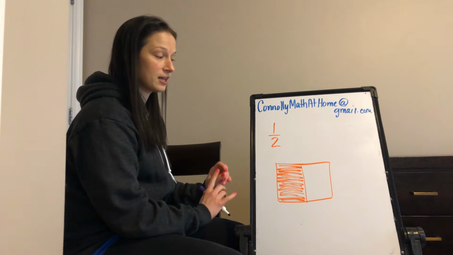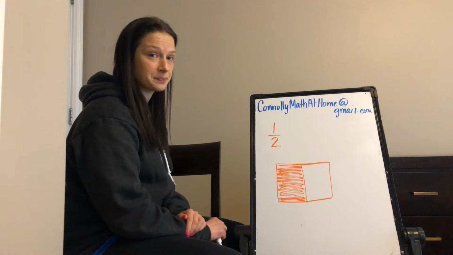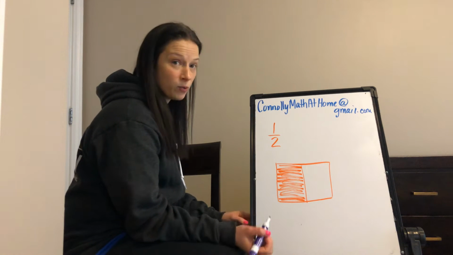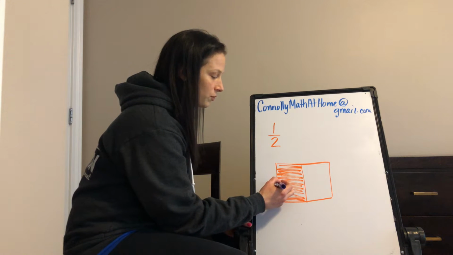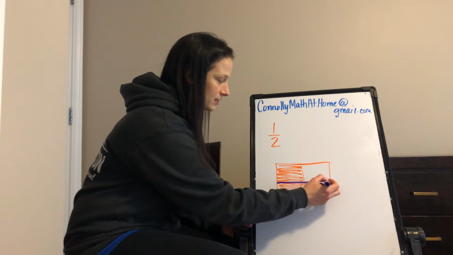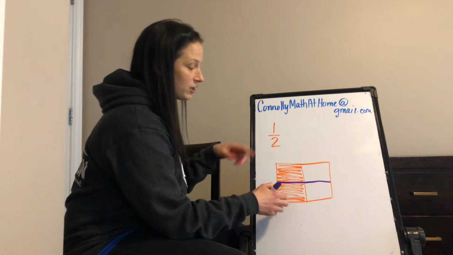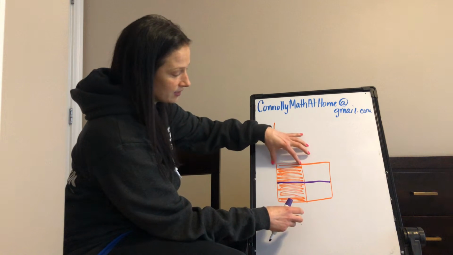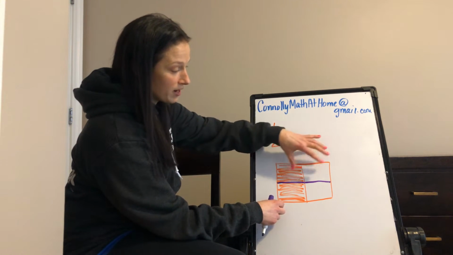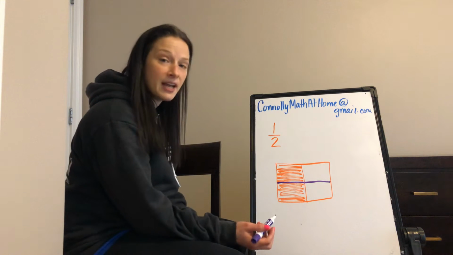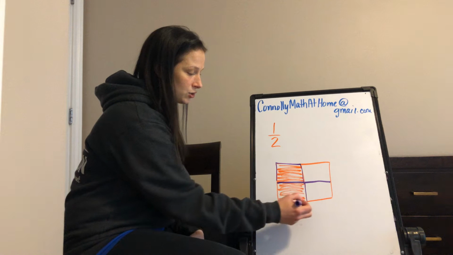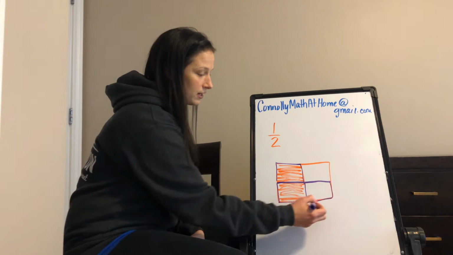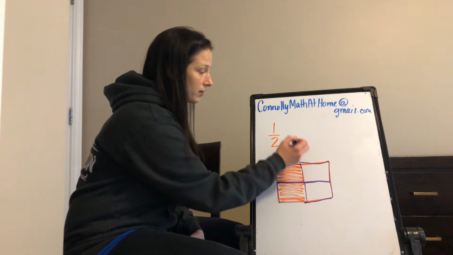So think for a second. I want to show fourths. So one way to do it is to cut your pieces in half this way. So I used to have 1/2 shaded in, so I used to have 1 out of 2 equal pieces, but now I see 4 pieces. 1, 2, 3, 4.